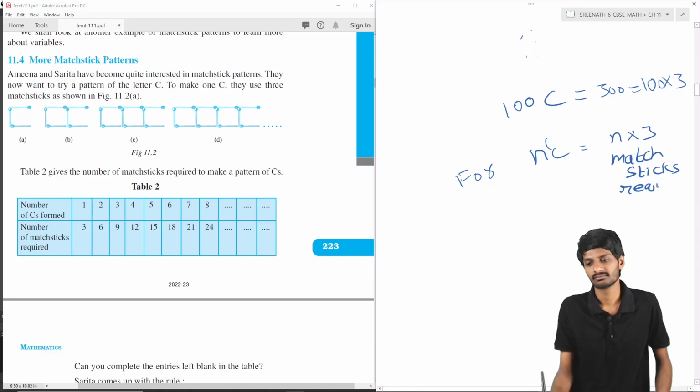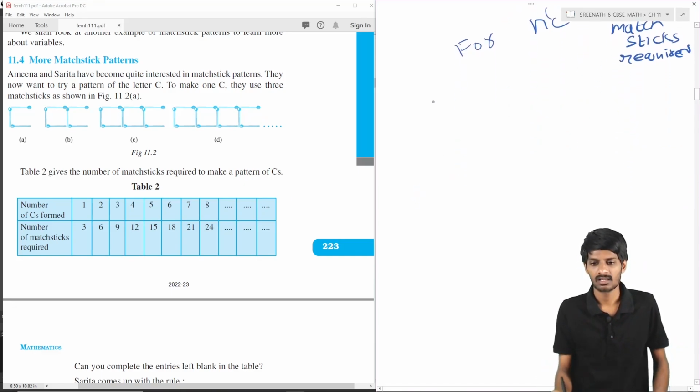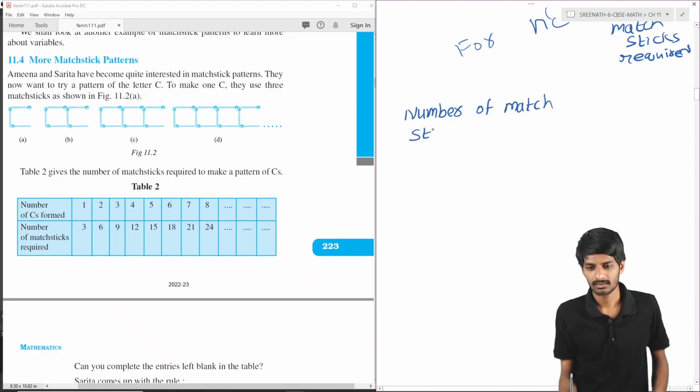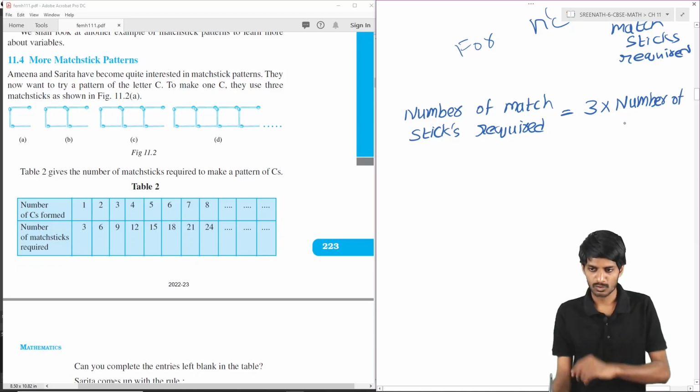So finally, what is the conclusion, students? The number of matchsticks required is equal to 3 into the number of C's formed.